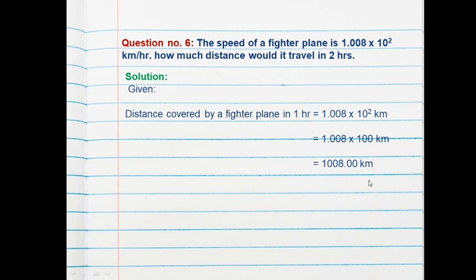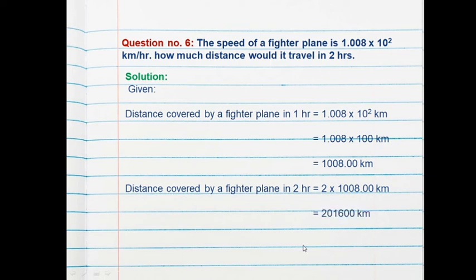So how much will it cover in 2 hours? For that we will multiply this number with 2. So distance covered by a fighter plane in 2 hours equals 2 into 1008.00 kilometer, which is equal to 2 multiplied by the number, it gives 2,01,600 kilometer.